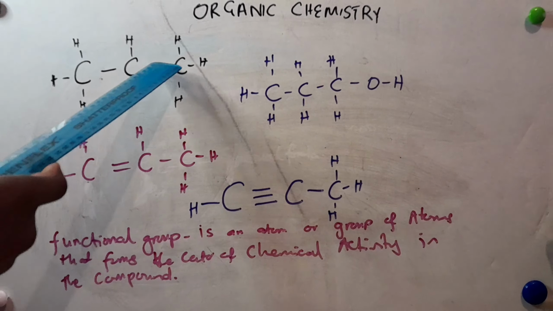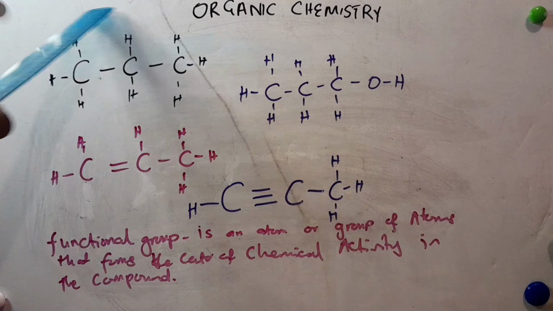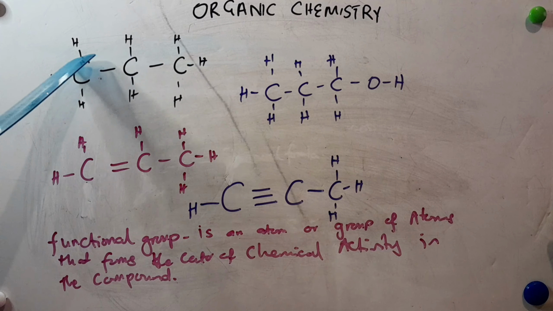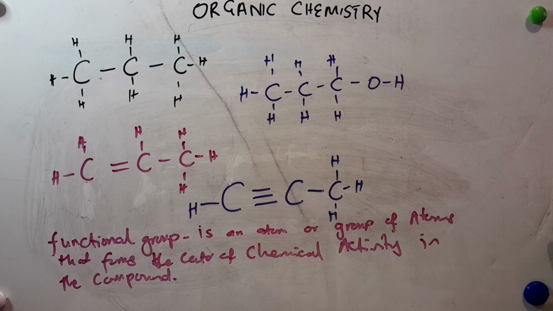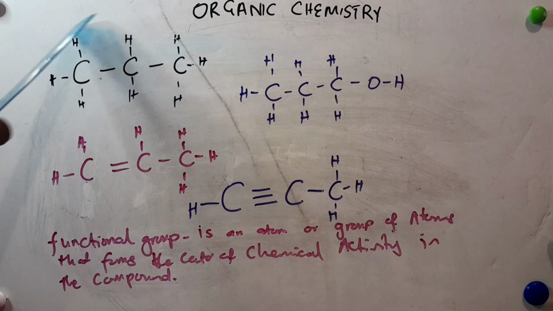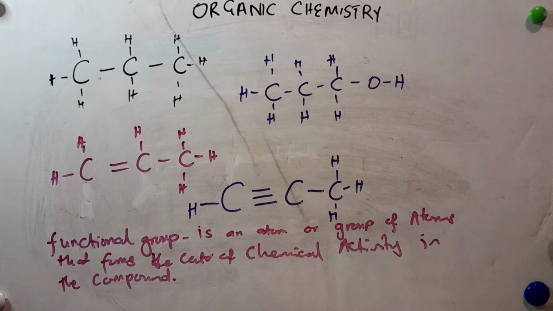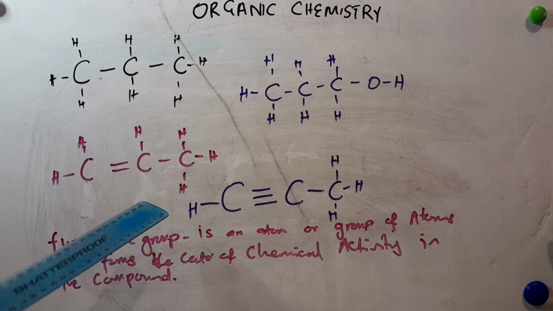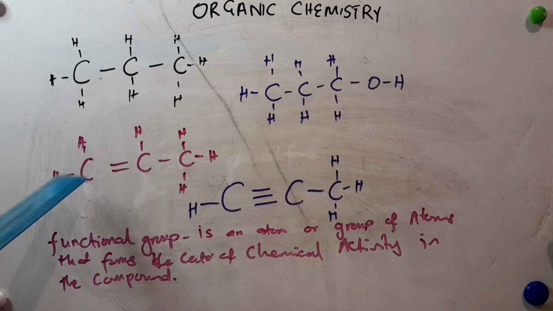Let's take a look at this one. What can you observe from this one? Can you see that there's only single bonds between the carbon atoms? It means that this is the functional group of this type of organic compounds. And we move to this one. We can see that this is a double bond. So this will form the center of chemical activity in a compound.